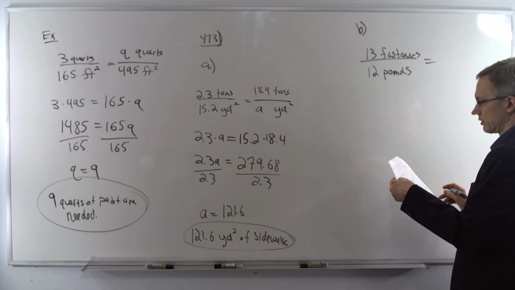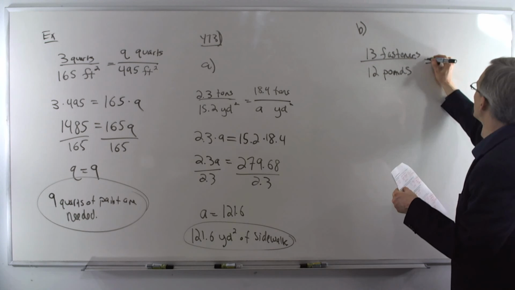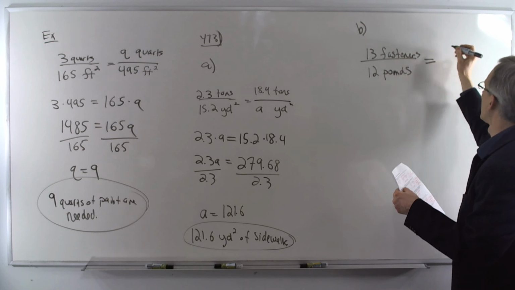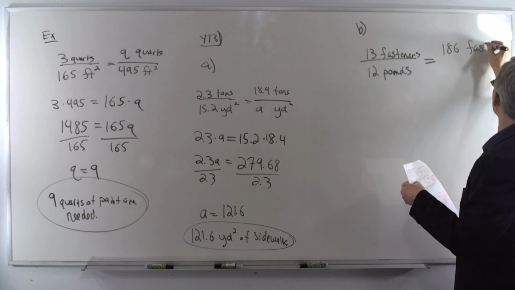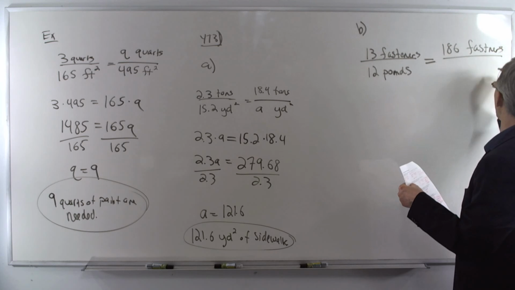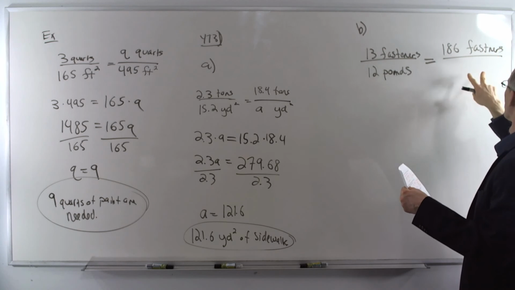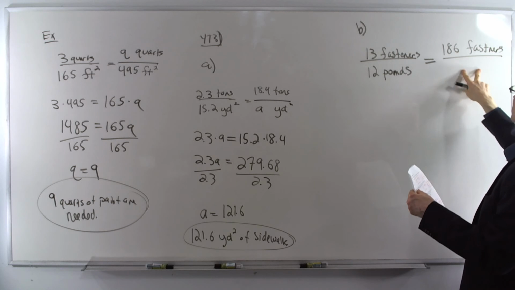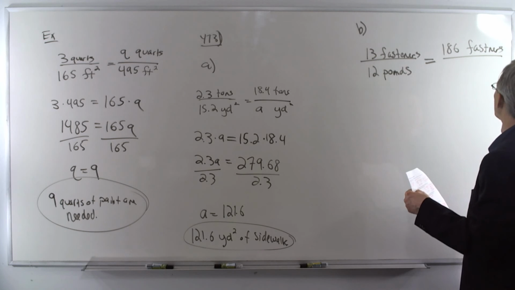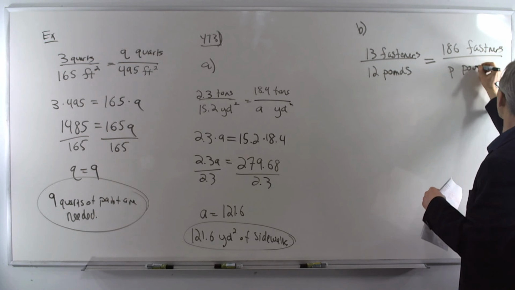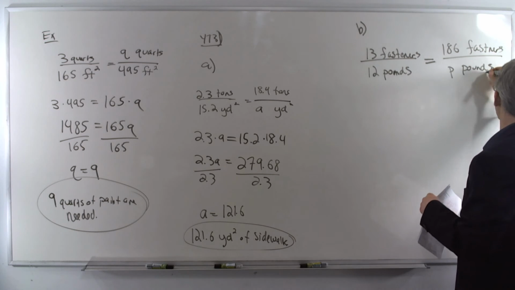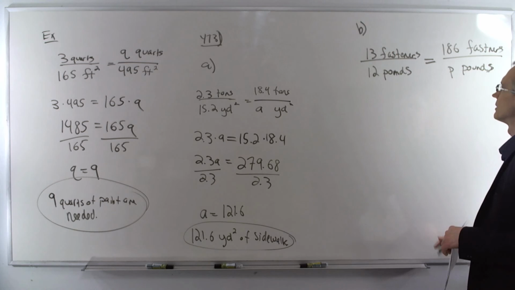Now we know we need 186 fasteners. So that's going to go on top, along with fasteners on the left, right? 186. And what we want to know is how many pounds of steel it will take to create that many fasteners. So P pounds. So we got fasteners on top, pounds on the bottom in both of these rates.